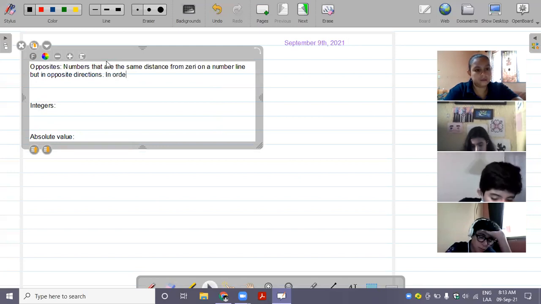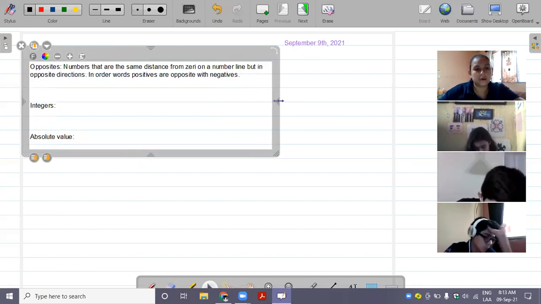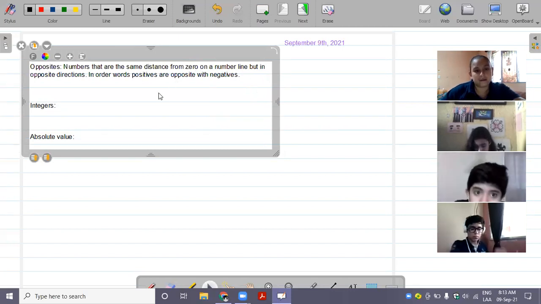In other words, positives are opposites with negatives. So that's the definition that we're going to be using.